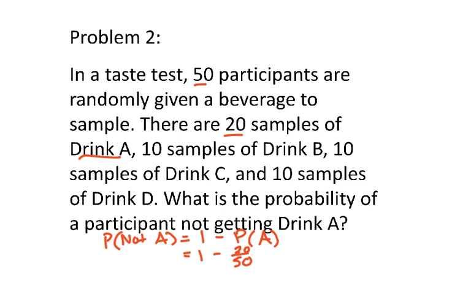So 1 minus 20 over 50 would be 30 over 50, which would reduce down to 3/5. Now, because it does give you drink B, drink C, and drink D, we could add those together and get the same thing. But the purpose of this problem was to use the complement.